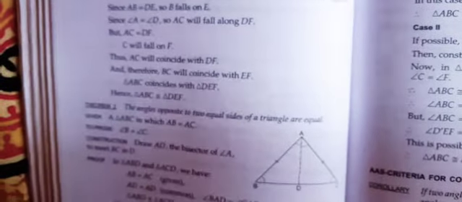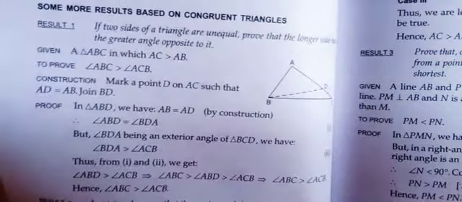These are given in your book as theorems. So I suggest you complete the theorems first. The theorems are given in your book. Try to complete all the theorems given here.